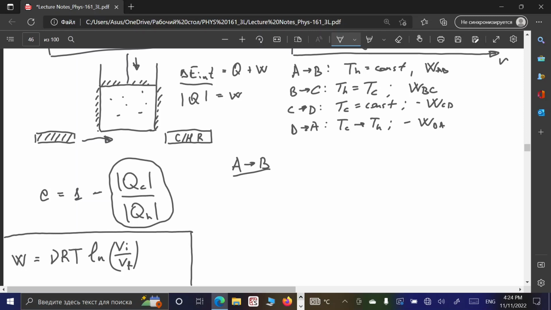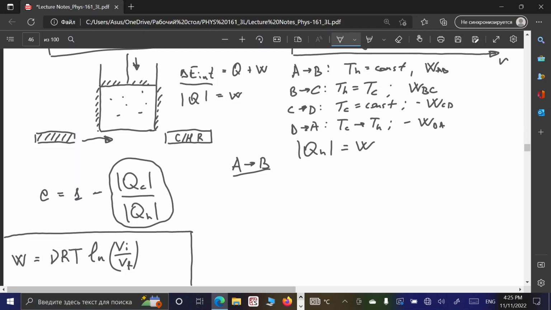So we can write that during this isothermal process AB, QH will be equal to work, because there is no change of internal energy.